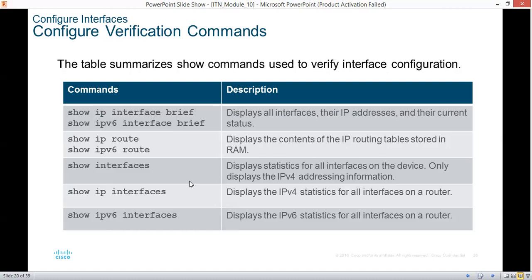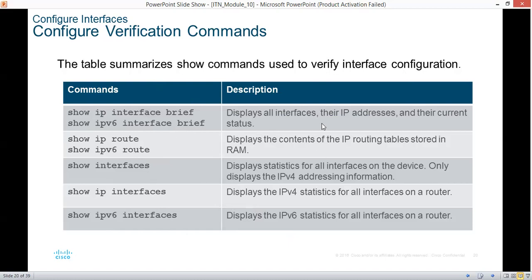Now, the reason why you're using all these show commands is just to have more information about the content of that router or the switch. So the table summarizes show commands used to verify interface configuration. So you can see here, it has been summarized there. So you can do show IP route, show IPv6 route, and then look at the explanation to match each of these commands.